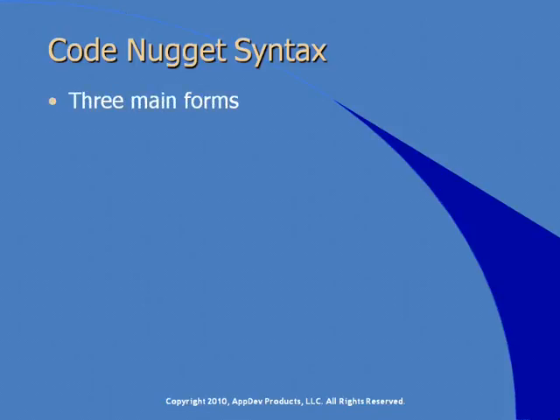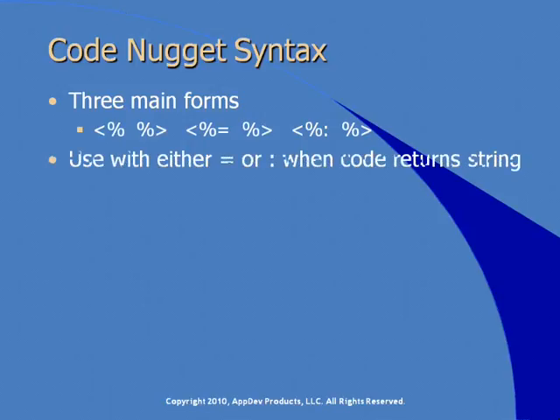As you work with MVC and inline code, it might be confusing about which form of a code nugget that you should use. There are lots of options: angle percent, angle percent equal, angle percent colons. In general, you should use the versions with either the equal or the colon when the method you call in the code nugget returns a string.